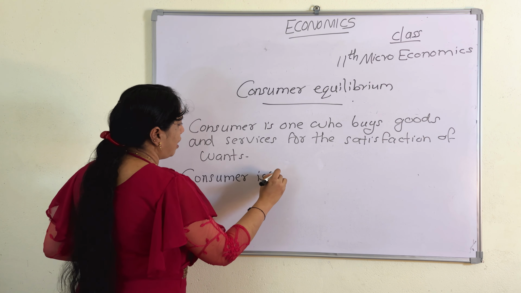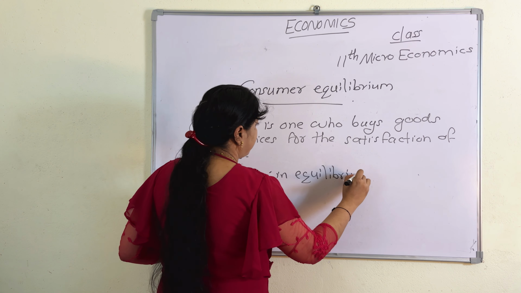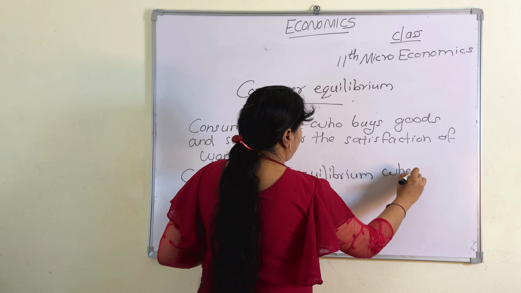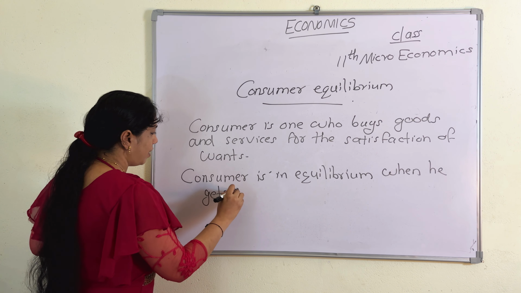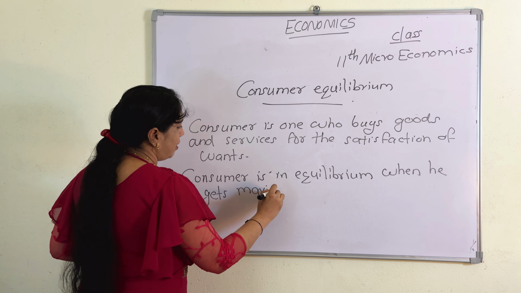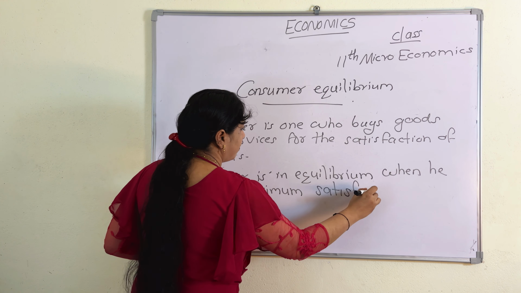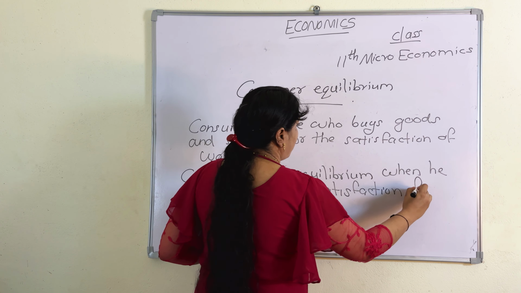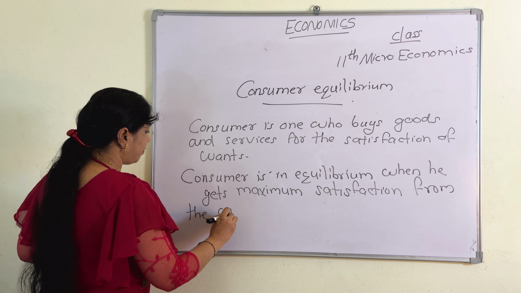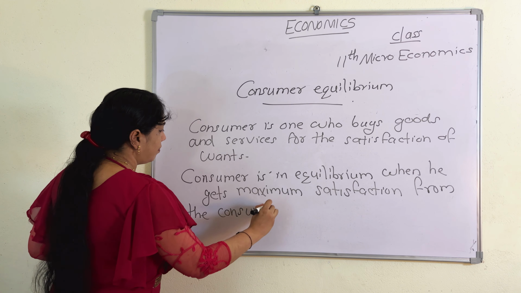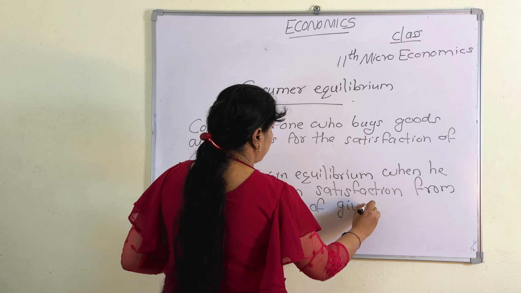Consumer is in equilibrium when he gets maximum satisfaction from the consumption of a given commodity.